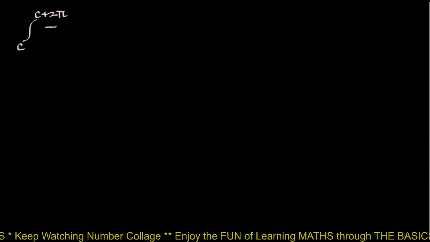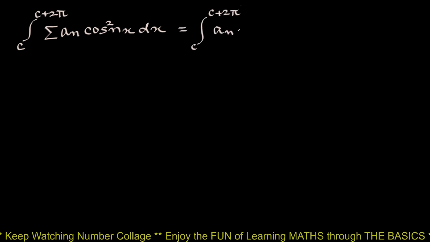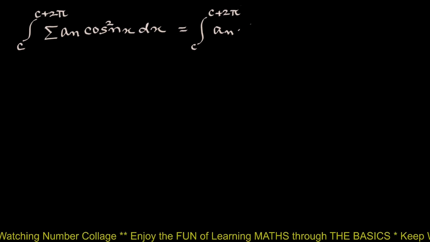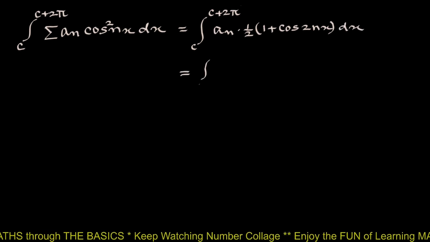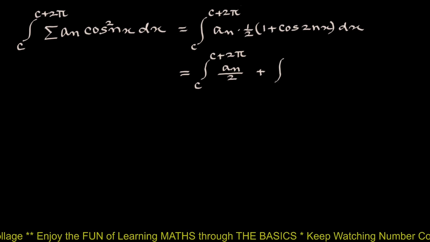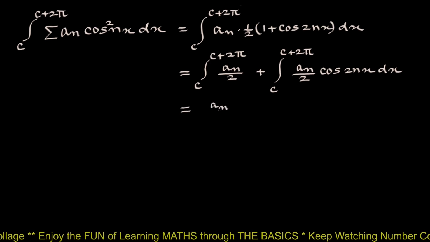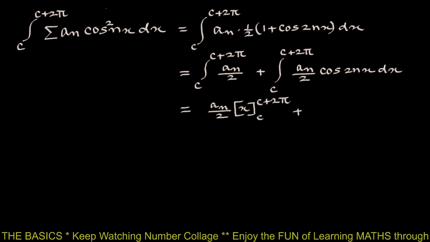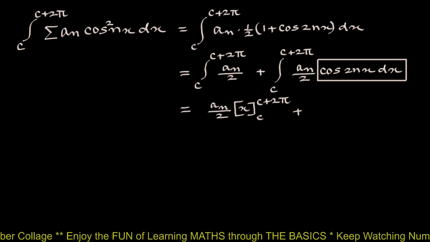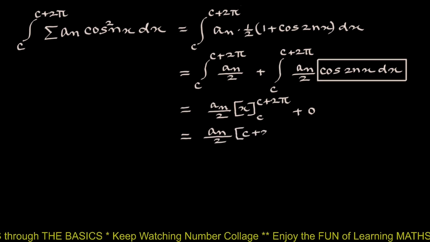So integral from c to c plus 2 pi summation an cos square nx dx, which is integral an into, in place of cos square nx we write half into 1 plus cos 2nx dx, which is integral an upon 2 plus integral an upon 2 cos 2nx dx, which is an upon 2 into x from c to c plus 2 pi, plus we have already seen integral of cos 2nx dx is 0, equals an upon 2 into c plus 2 pi minus c.